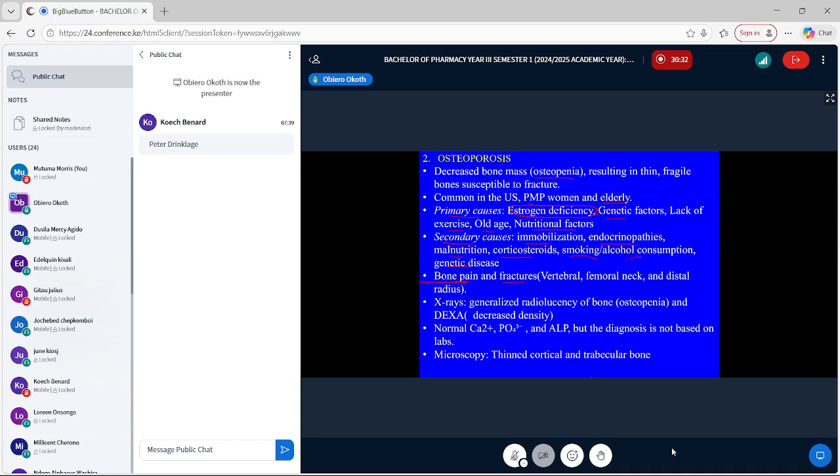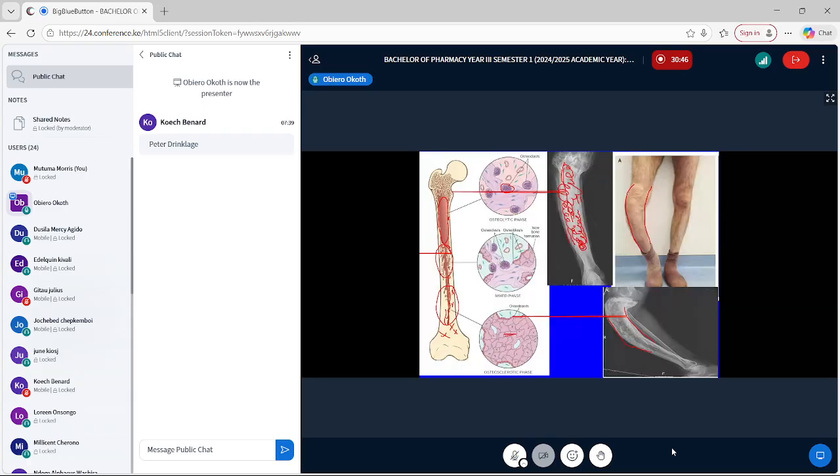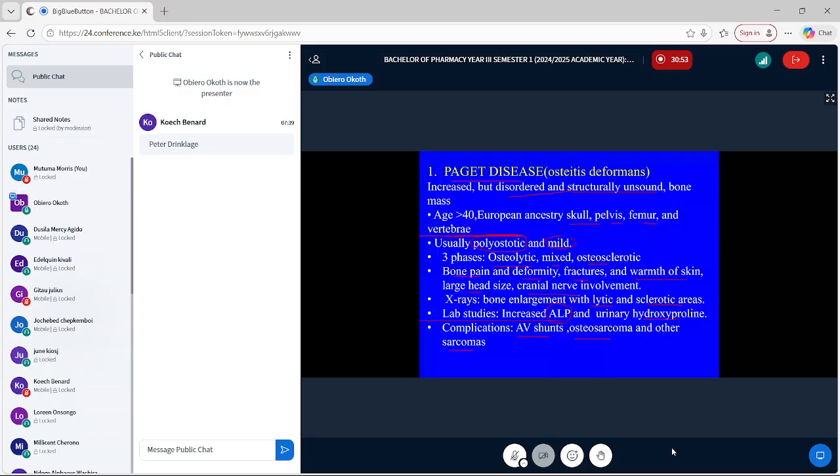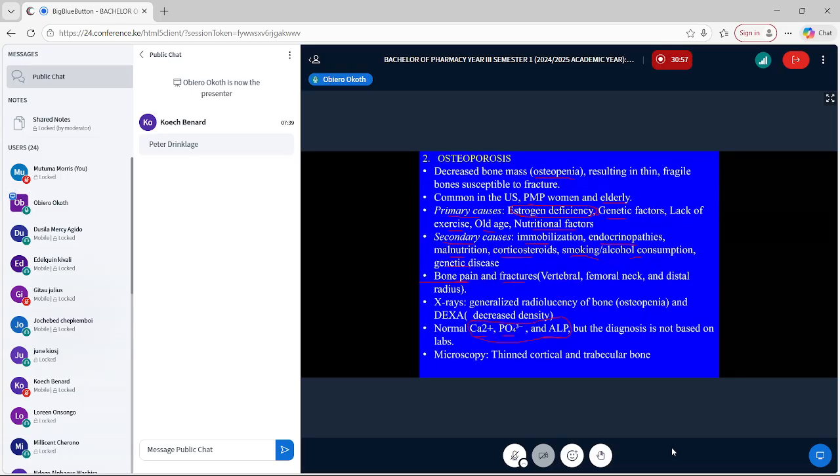So you don't see any abnormal changes in bone chemistry. The bone chemistry basically means these tests. These are the tests we normally do when you want to check for abnormalities of the bone. In osteoporosis, the labs tend to be normal.